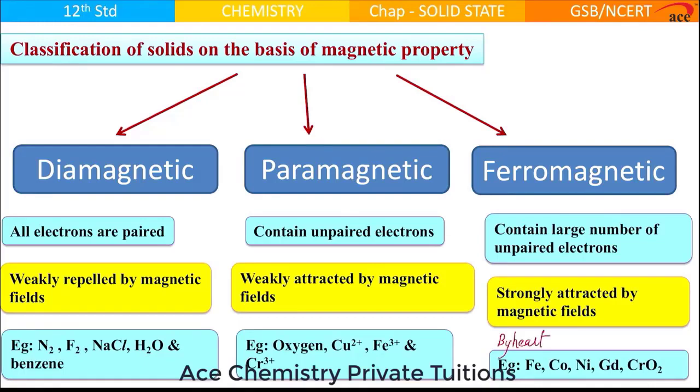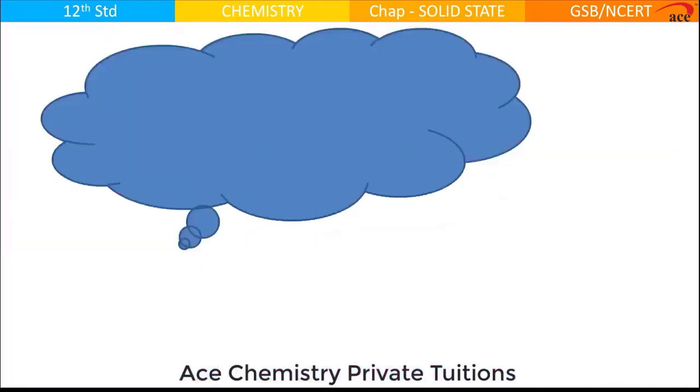So, remember Fe, Co, Ni, which are transition metals, gadolinium, a lanthanide, and CrO2. These are the 5 examples which are ferromagnetic, which are strongly attracted towards a magnet, and they themselves can also be converted to magnets. You have to learn these 5 examples of ferromagnetic substances by heart.